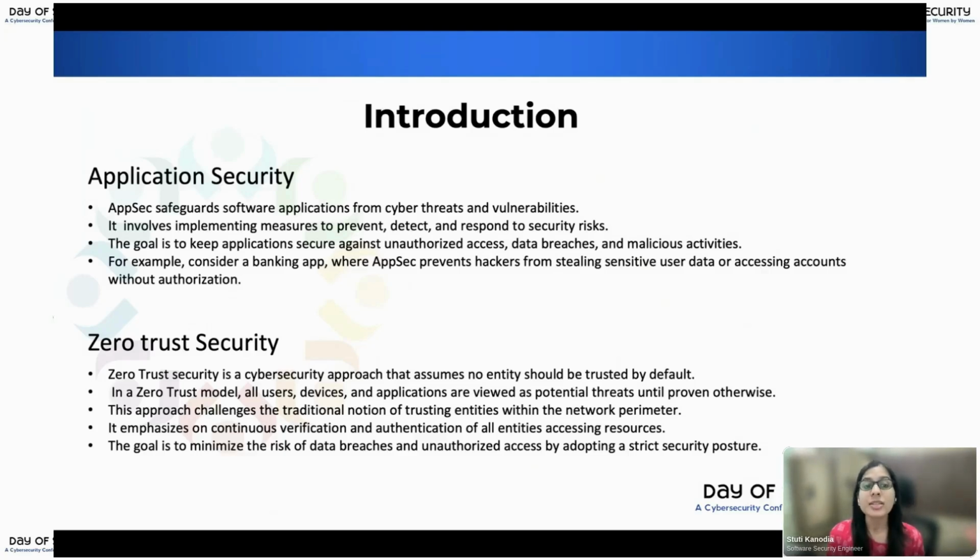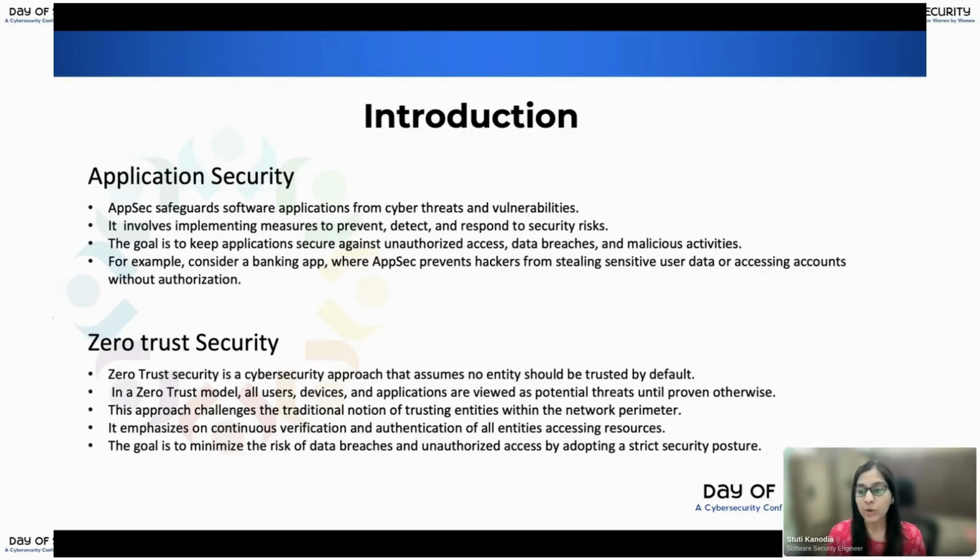Now coming to what is zero trust. The zero trust model, as the name suggests, means zero trust. It is an approach that assumes no one should be trusted, within the boundary or outside of the boundary. It works on a zero trust policy: nobody should be trusted until proven otherwise.